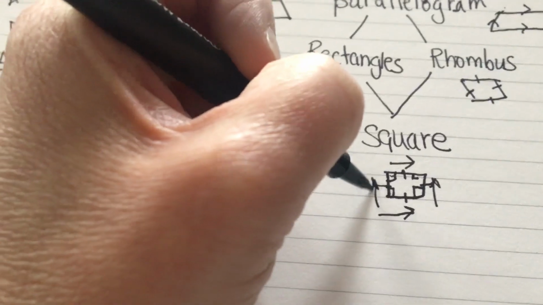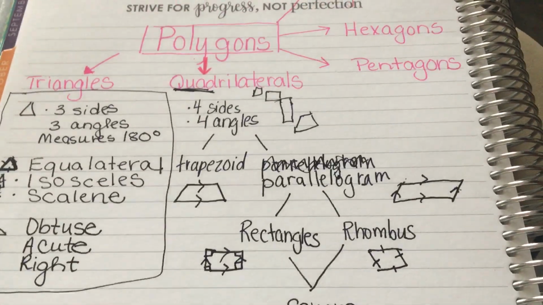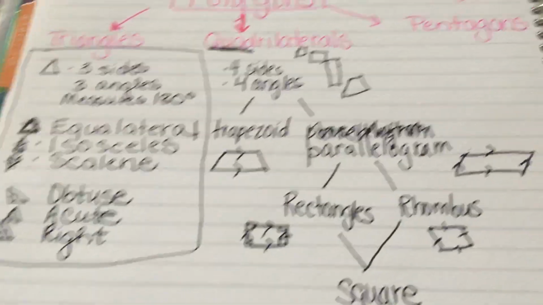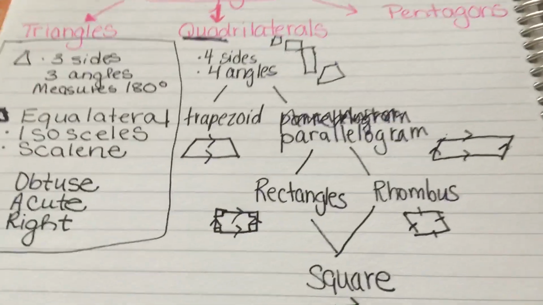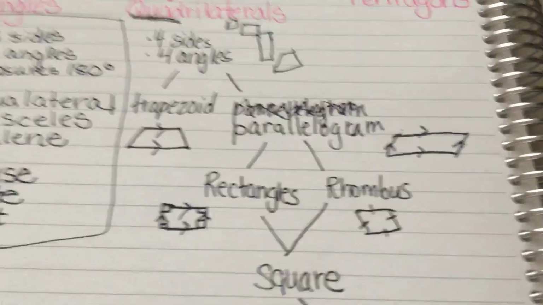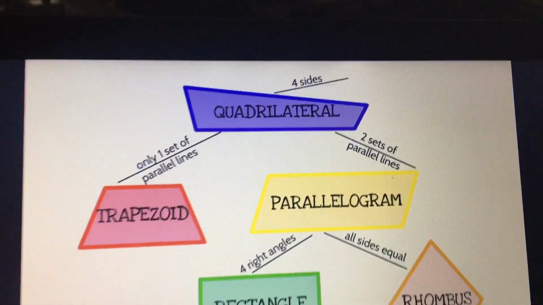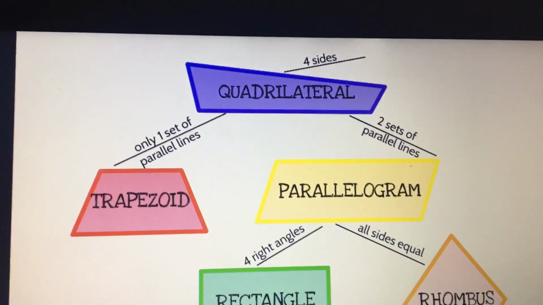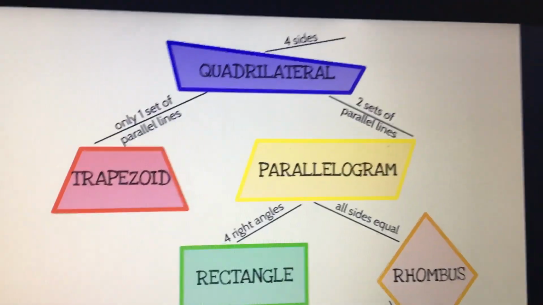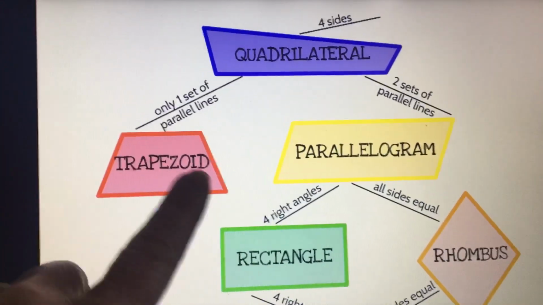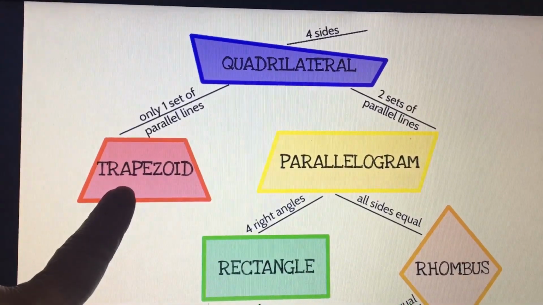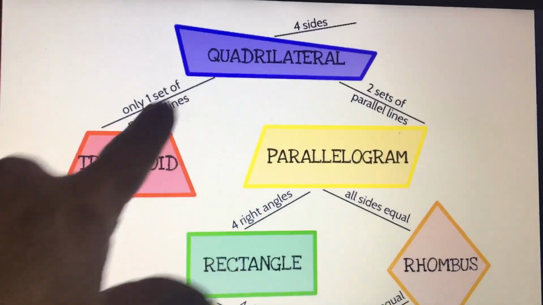okay? I tried to draw some of this on my whiteboard and it didn't turn out very well, so I found a really good picture that would be a good use for you in your learning today, and it shows this. So this would be our quadrilaterals, all four sides, and then our trapezoids are going to be only one set of parallel sides, so they're over here.